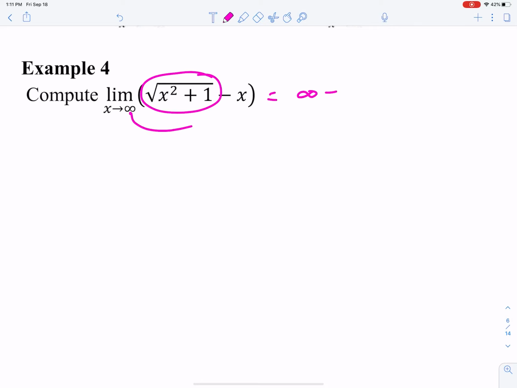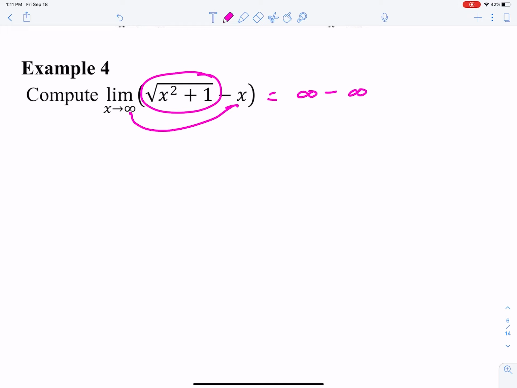Minus, well, if x goes to infinity, then x goes to infinity. So you might say to yourself, hey, infinity minus infinity, isn't that 0? No, unfortunately, it's not. Infinity is a concept. It is not a specific value.